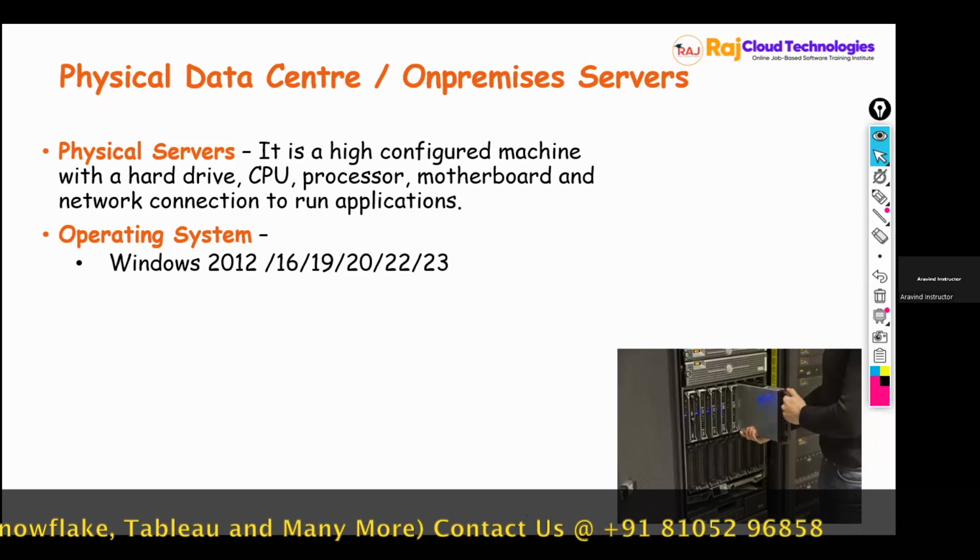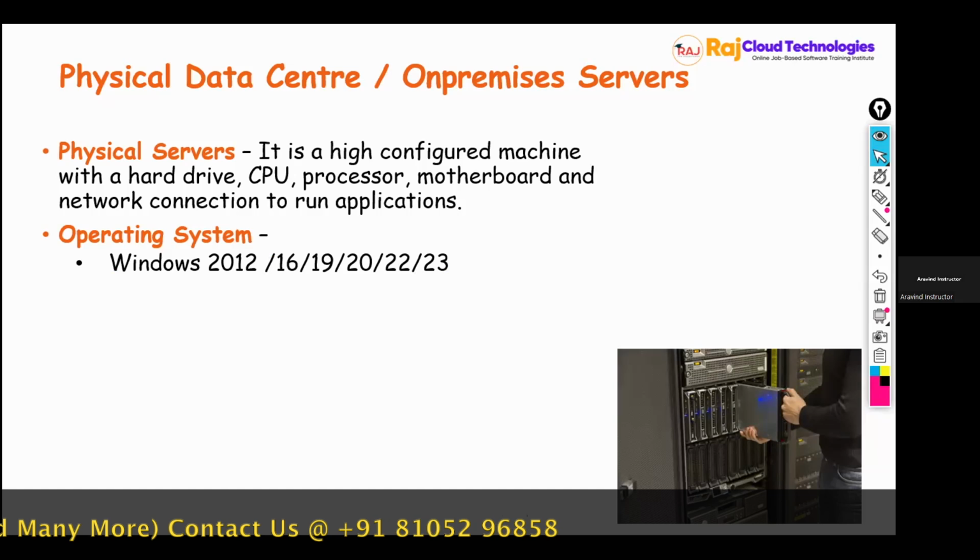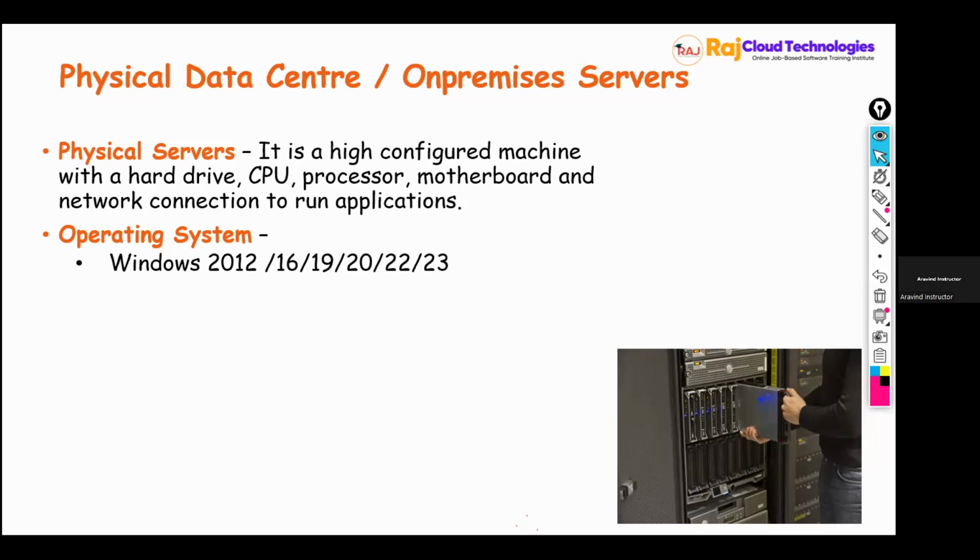These versions are specially designed for installing in servers. And the genuine license to purchase these versions is around 30,000 to 40,000 each. How many licenses do I need? I need 100 licenses, so 100 into 30,000 is 30 lakh rupees. At this stage also, I have to spend 30 lakh rupees for installing the operating system.